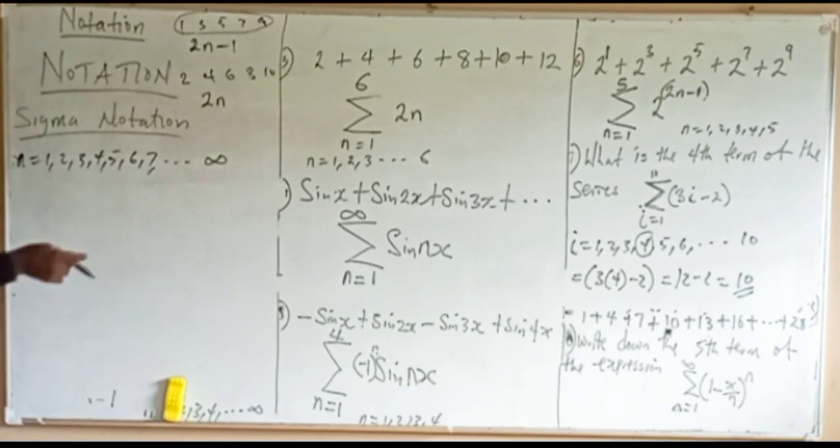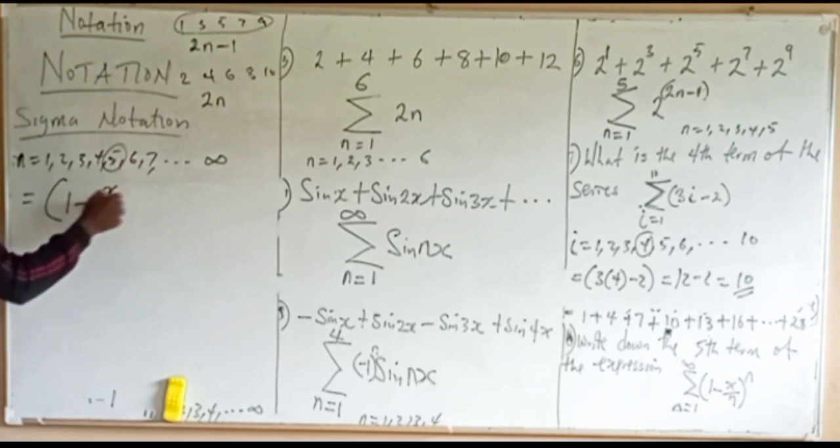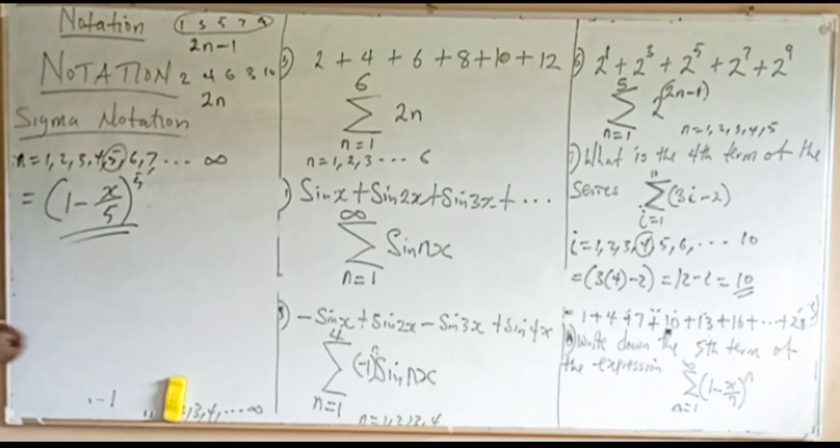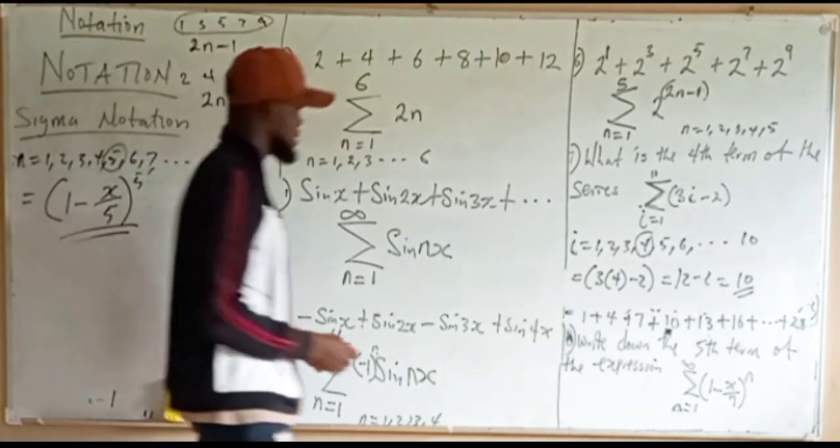That will give you the fifth term. So at n equal to 5, go to that expression. We have (1 minus x over n) to the power n. We said n is 5 for the fifth term. So that is 1 minus x over 5, to the power 5. This will be the fifth term of that expression.